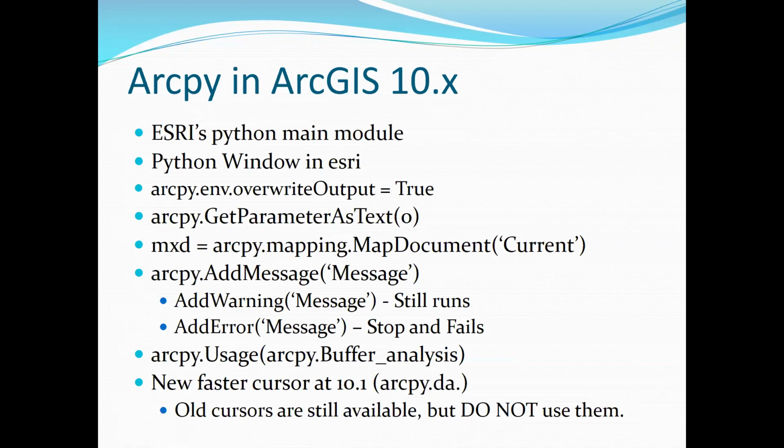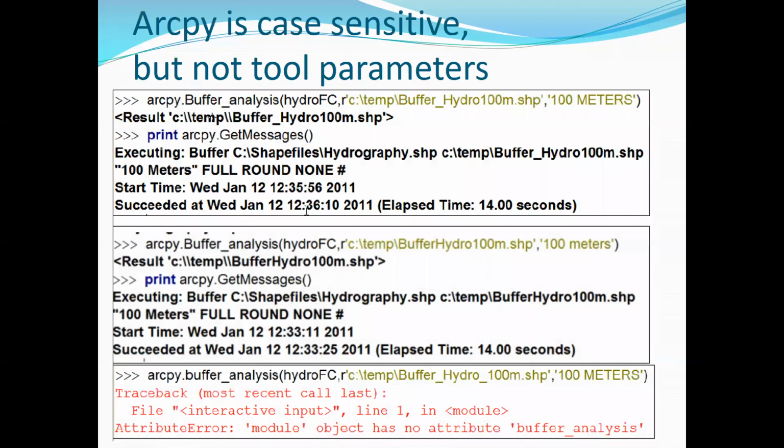The old cursors are going to pull your hair out. One of the big things is ArcPy is case sensitive, just like the rest of Python, but the tool parameters are not. And when I say parameters, in this case, that's the input shapefile and how much I want to buffer it by. You can notice the top one here, it's all uppercase.